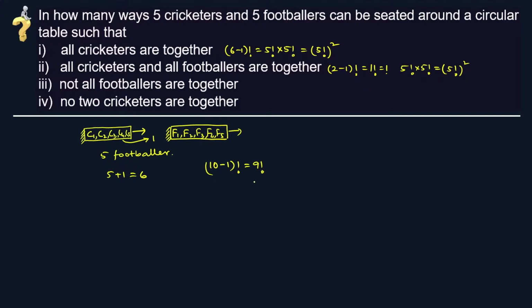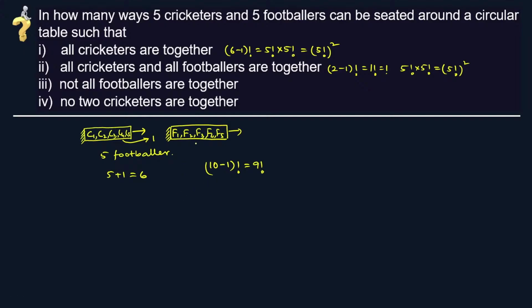Because there are 5 cricketers and 5 footballers, so there are 10 objects. So these 10 objects can be placed around the circular table in 10 minus 1, that is 9 factorial. Clear? Now, all the footballers are together. So what will be the total number of ways?